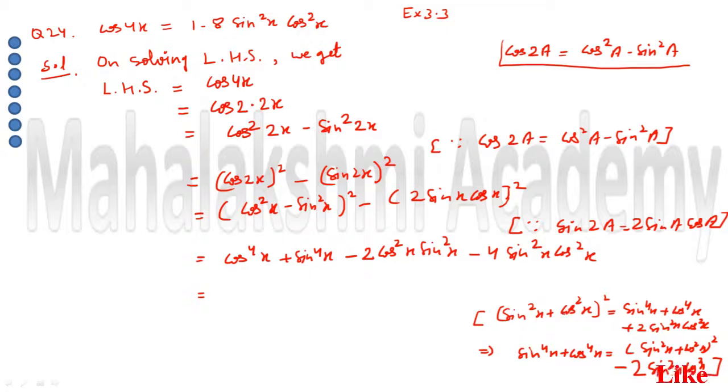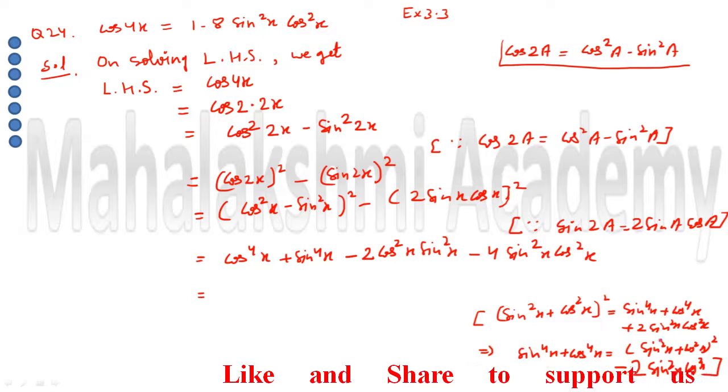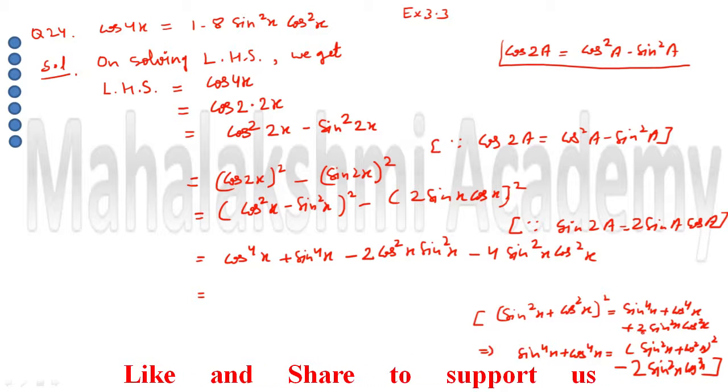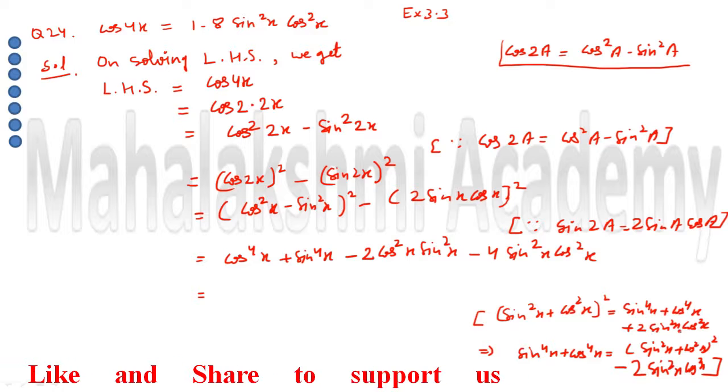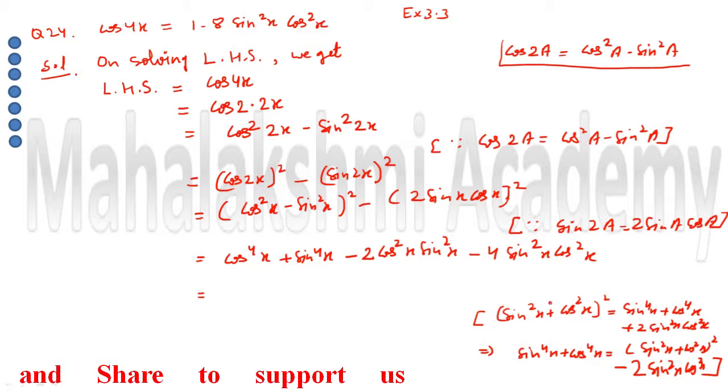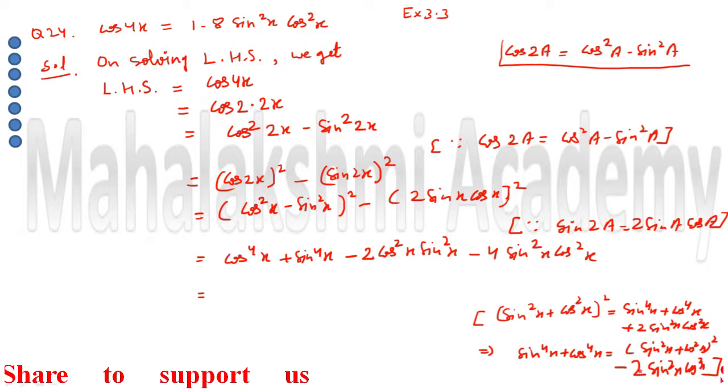First I wrote the formula of sin square x plus cos square x whole square, that is a square plus b square plus 2ab. From here I want only the sin 4x and cos 4x value, so I separated it. When I shifted the plus 2 sin square x cos square x to the other side, the plus sign changed to the minus sign.